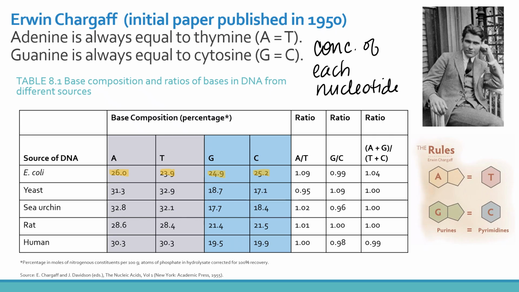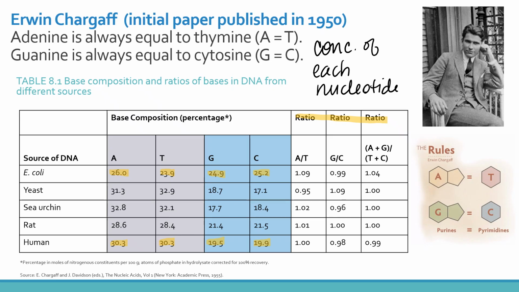So if we look at humans, our values are even closer, 30.3, 30.3, and then 19.5 and 19.9. And he continued to see this no matter what he did. The columns on the right show the ratios of adenine to guanine, showing that, again, they are roughly equal.